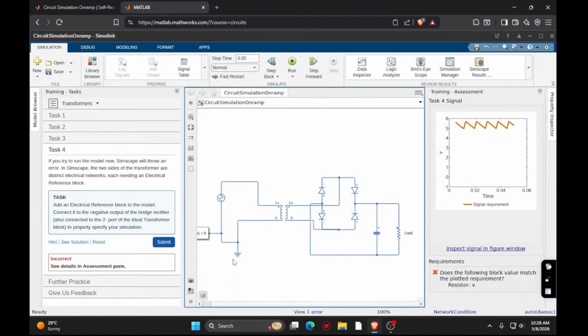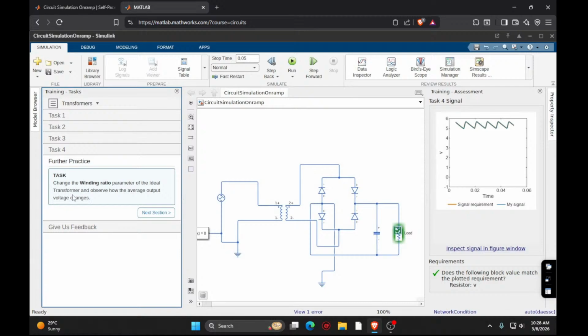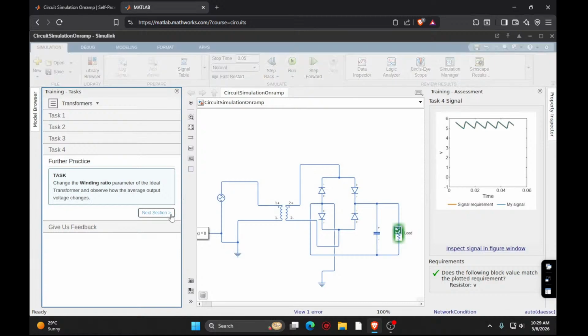Okay. Connected to the negative output of the bridge rectifier. Wait a minute. First of all, to make the circuit more understandable, change the winding ratio parameter. Okay.